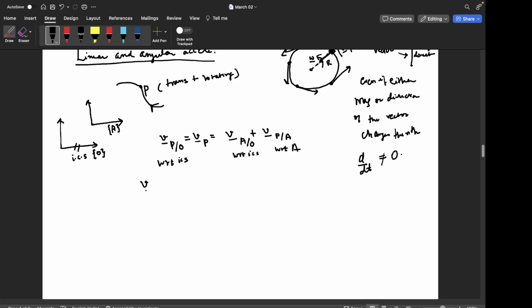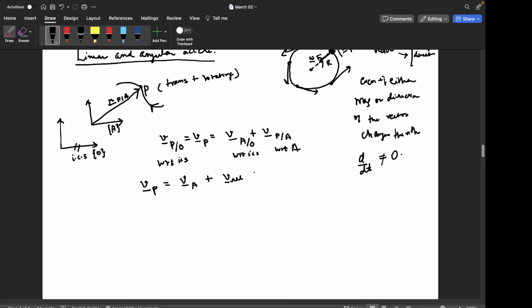So Vp, which is with respect to inertial, is Va with respect to inertial plus Vpa. Now what is Vpa? I will denote it by a vector called Vrel, which is basically how this position vector RPA is changing, right?